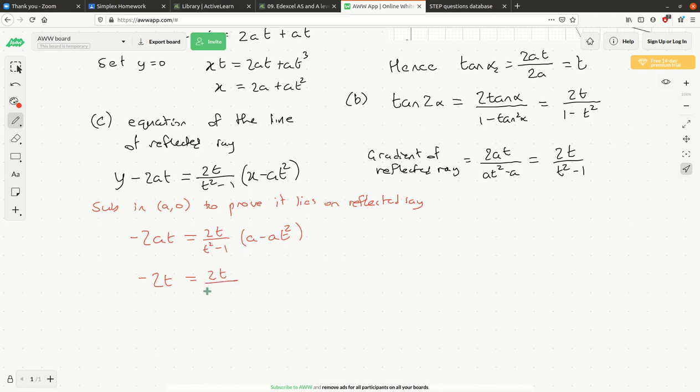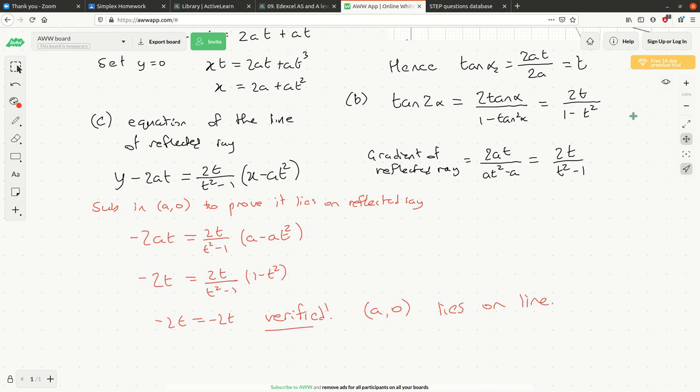So you're going to get 2t over t squared minus 1. But this is therefore going to be 1 minus t squared now. That cancels with the bottom and just changes the sign, and you get minus 2t equals minus 2t. And that is verified. A, 0 lies on the line.